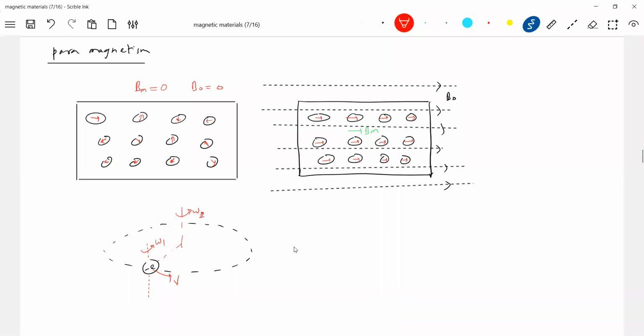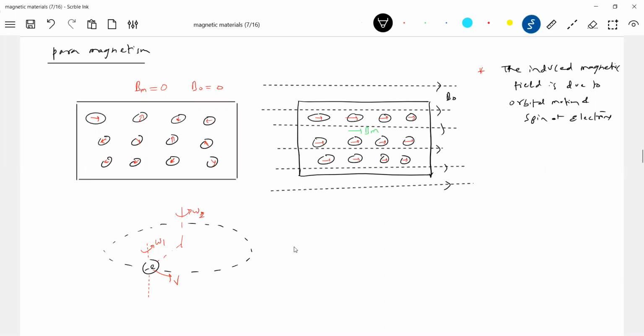So the first point I'll write: the induced magnetic field is due to orbital motion and spin of electrons. In diamagnetism it is only due to orbital motion.